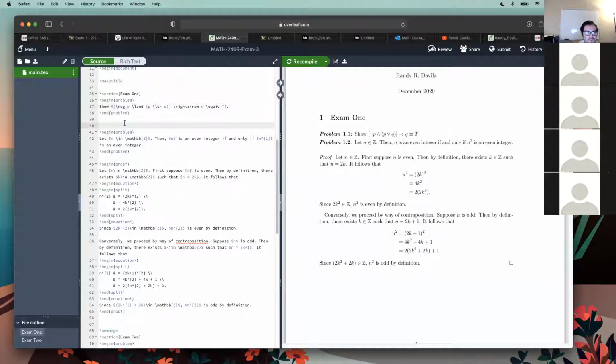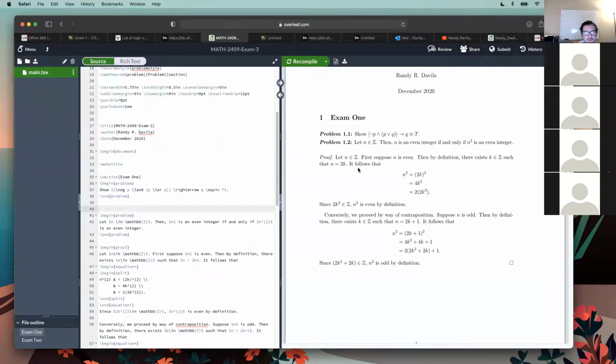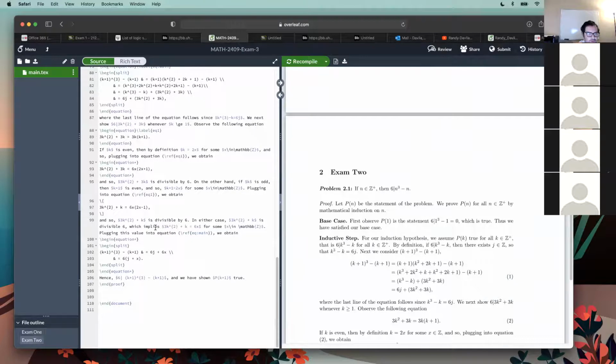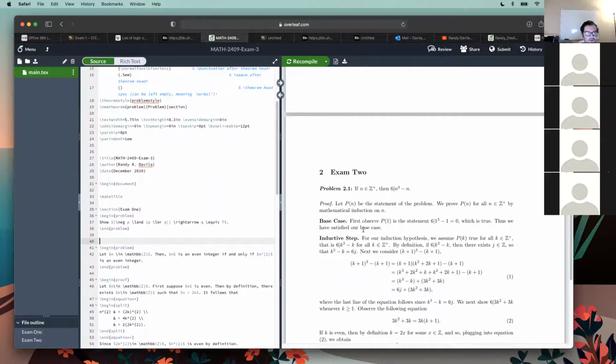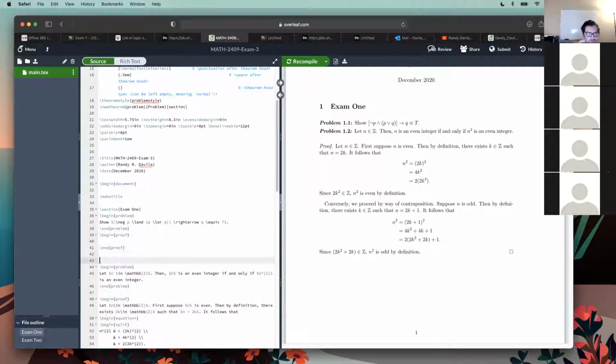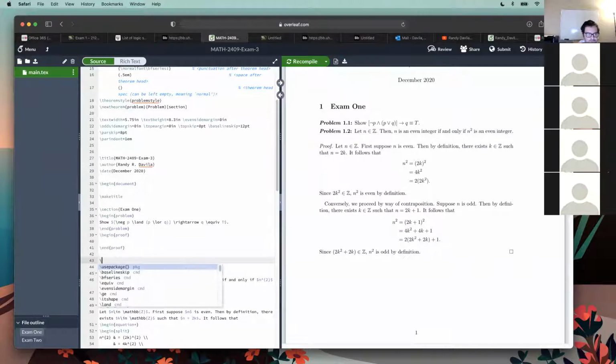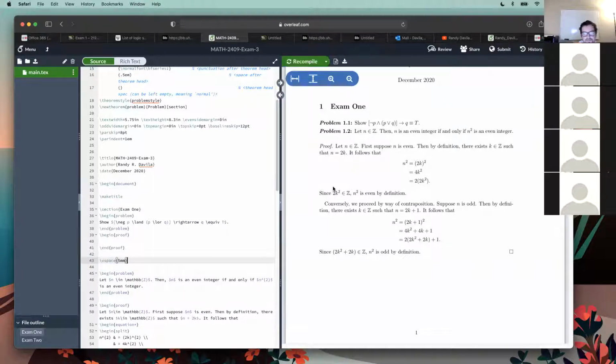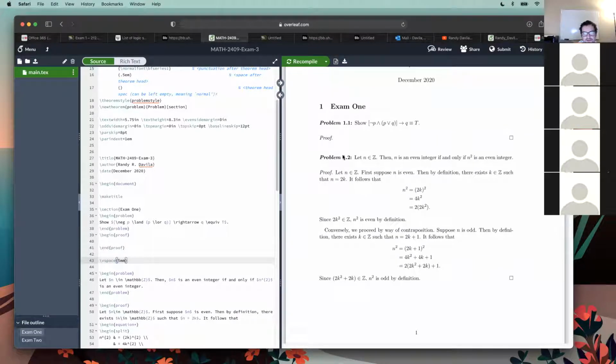All right, so I don't like how close these problems are currently together in the proof, and then I think it's \vspace. Maybe I'll put in like 5 millimeters or something. Now I get a little bit of space.